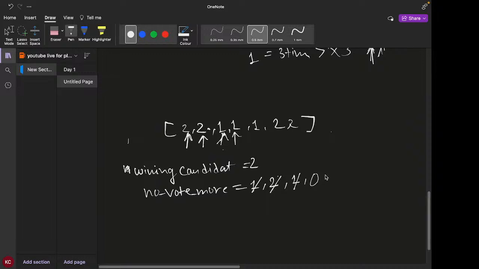Now this time there is no one who is winning or losing. So someone again comes and votes for the 1. Here the 2 is already 0, so candidate 1 will be ahead of the others by 1 vote.